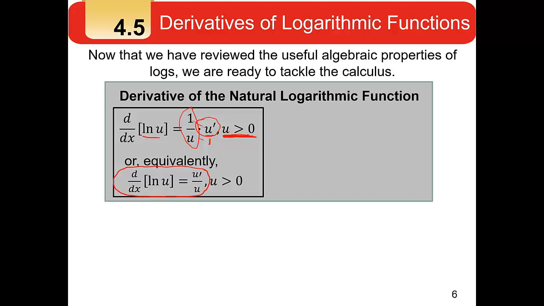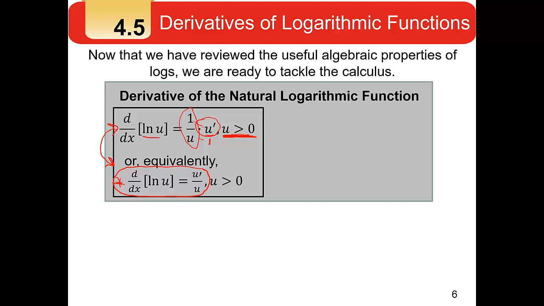The derivative of the natural log of u is the derivative of u over u. Both formulations are the same, and if you prefer one over the other, go for whichever one makes the most sense to you, but this is the one that I use most of the time. The exception is if u is really complicated, sometimes I'll write it the first way. But as long as u and the derivative of u are fairly simple, u prime over u is the way I like to think of this.